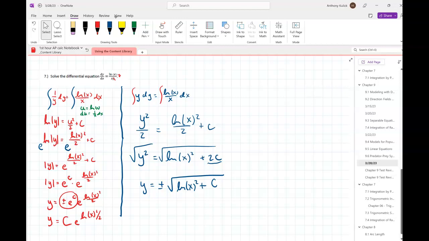Sure, no problem. The question I wrote down might have actually been a little bit easier, right? Because you have all the natural log stuff to mess around with.